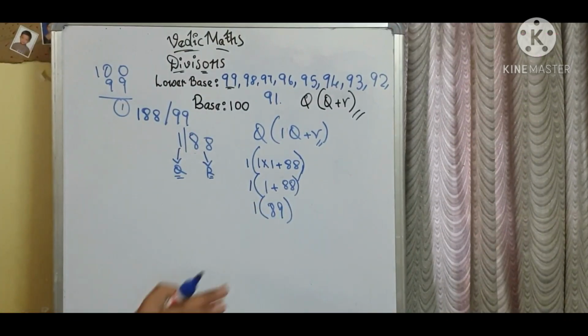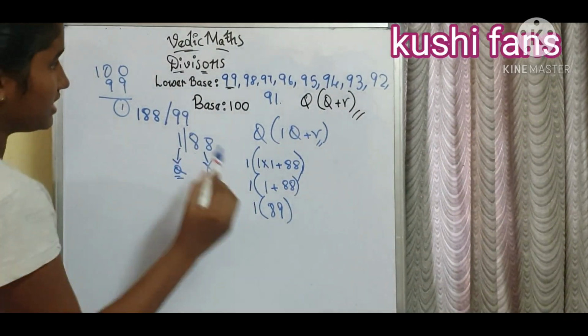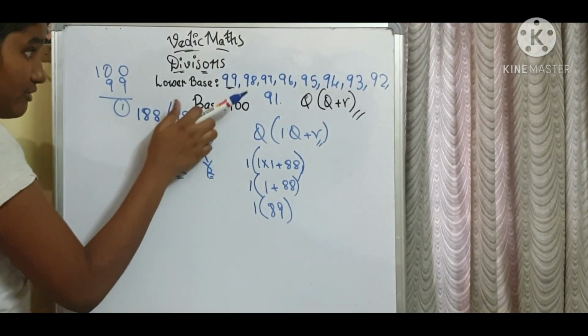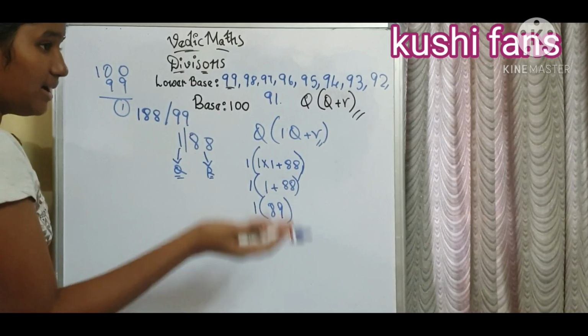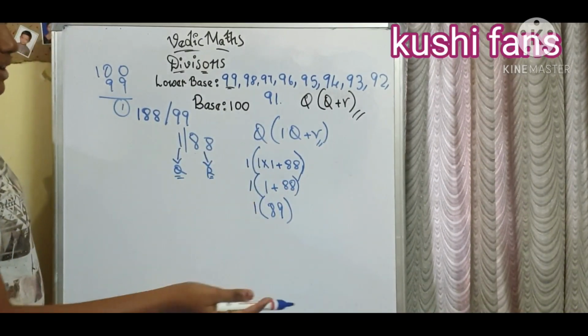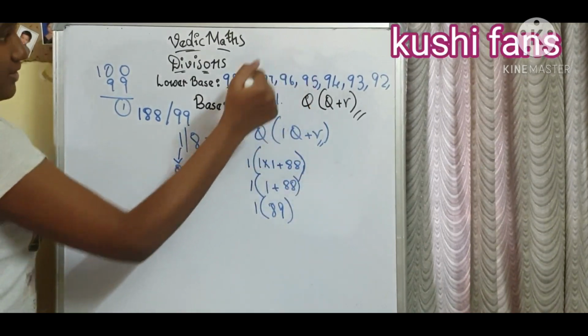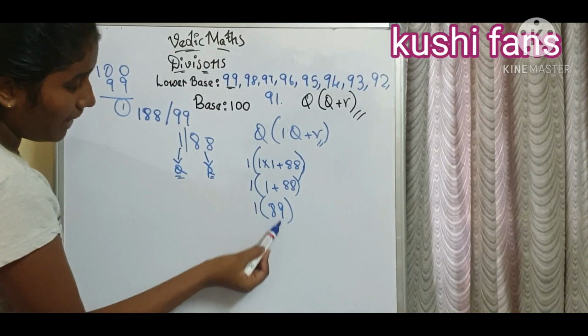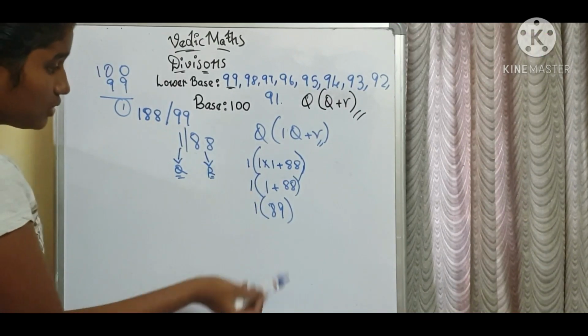Now here you have to remember one thing. 89 is below 99, so no problem. If any number here comes as a product above 99 or 98, you have to keep a slash again between two numbers.